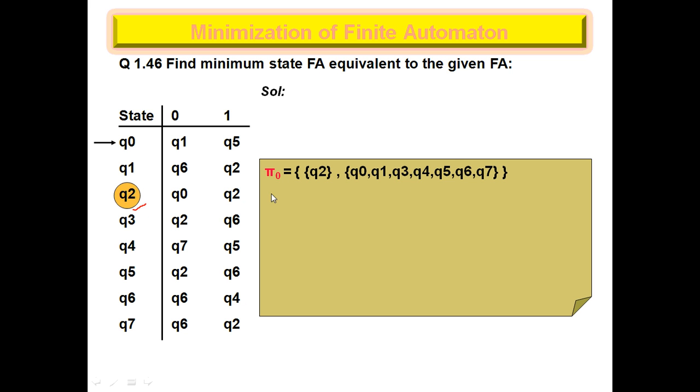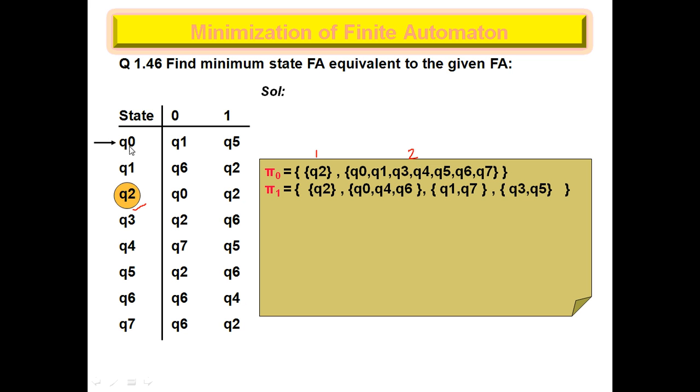Now we'll have to construct pi 1 from pi 0 itself, as written in procedure 2. Make this part 1 and this part 2, just naming them.